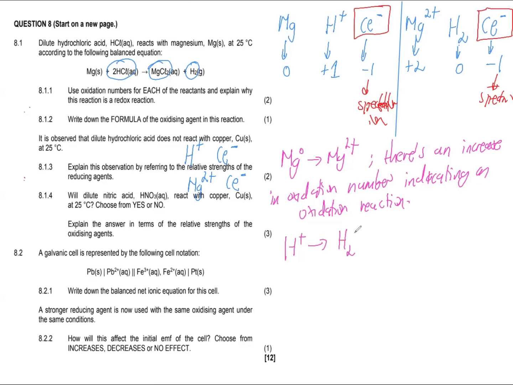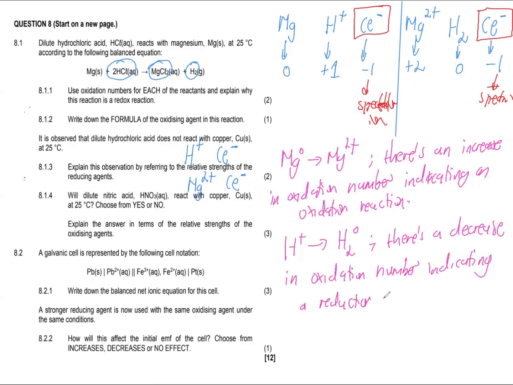To H2, which has an oxidation number of 0. Here, there is a decrease in oxidation number, indicating a reduction reaction. Right. So as we can see now, that means a redox reaction did take place, because we see oxidation here and then we see reduction there.